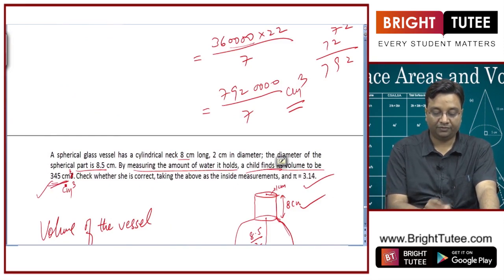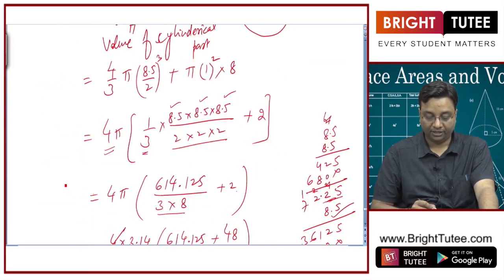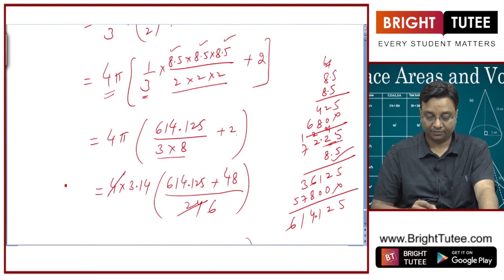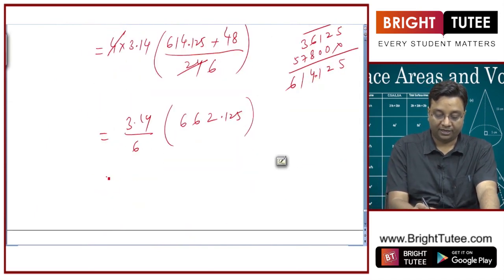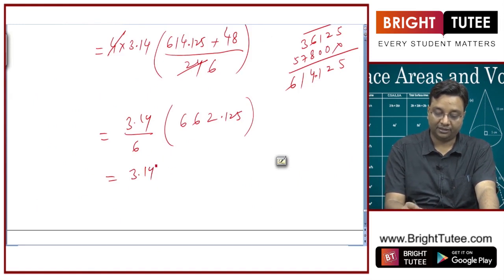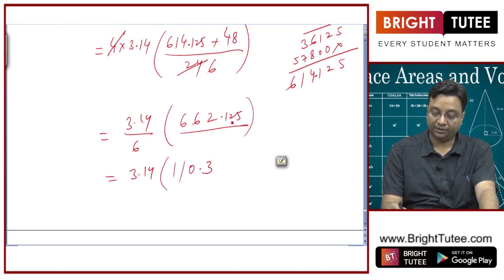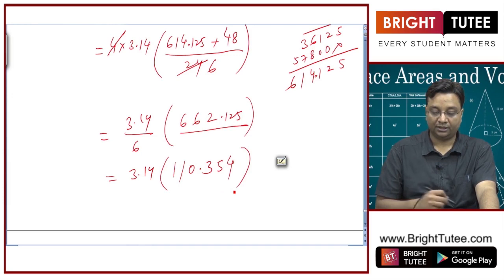What was the volume calculated by this child? It was 345 centimeter cubed. And look at this one. If I now divide it by 6, this portion, I'll have 110.354, right?